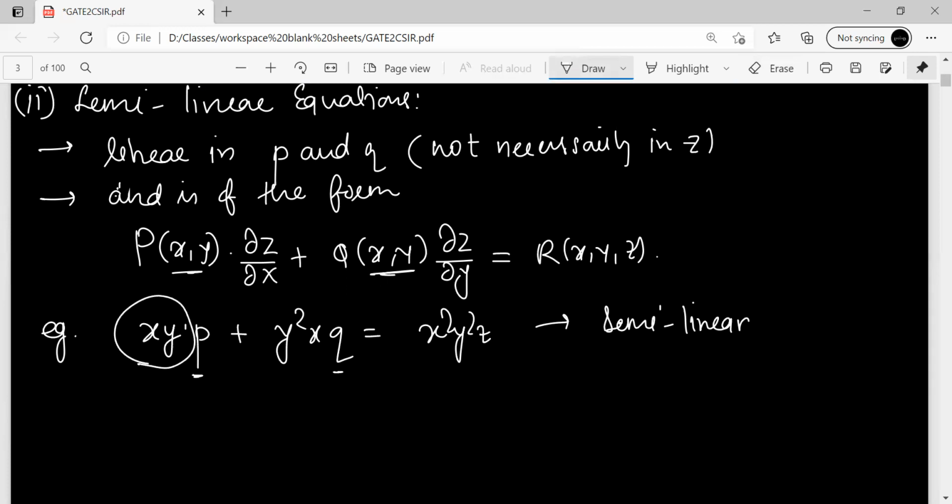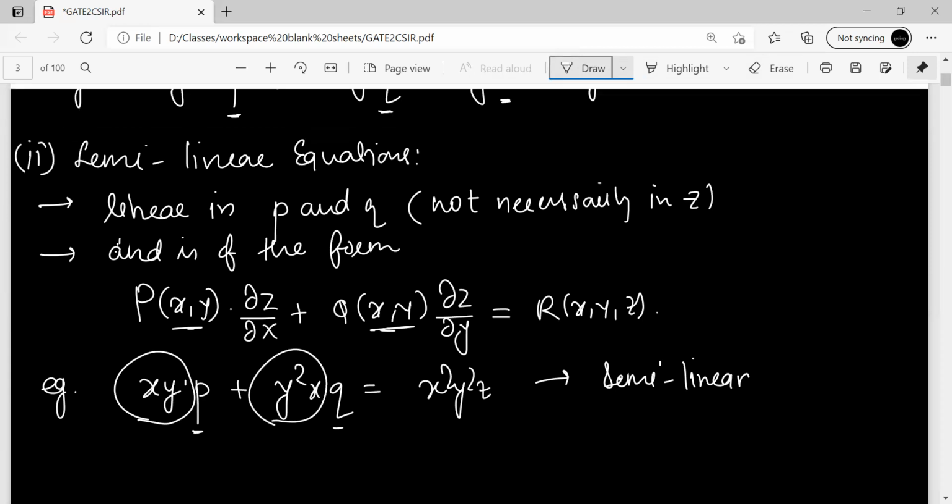But here the coefficients are functions of x and y only, so it will be semi-linear. And the moment I write one more z here, it immediately becomes linear. And if I remove this z and just make it square, it loses its linearity and becomes semi-linear because it is not linear in z. So the linearity in z is not important in semi-linear. That's the basic difference between linear and semi-linear.